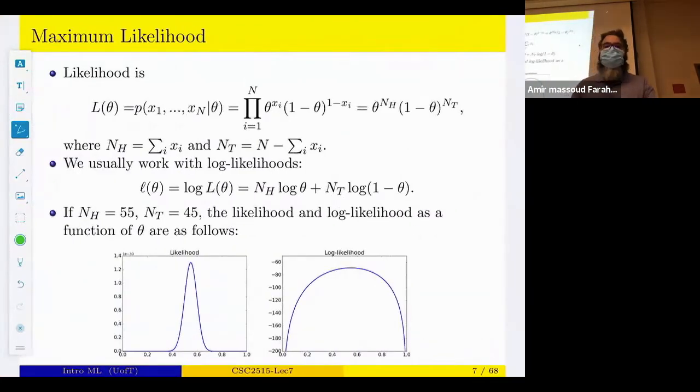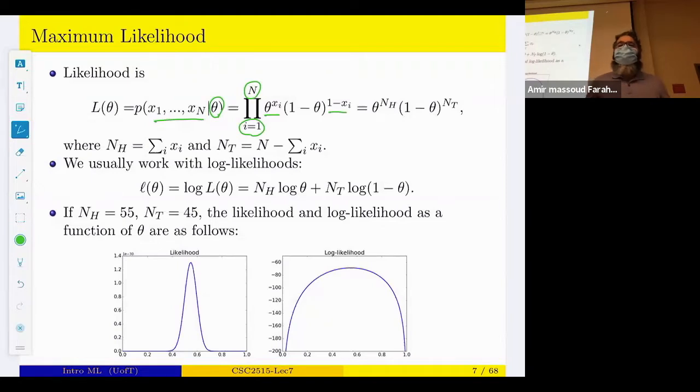Now the likelihood, after n observations, you have x_1 to x_n conditioned on theta. That probability, because of independence, is the product from i equals 1 to n of theta to the power of x_i times 1 minus theta to the power of 1 minus x_i.